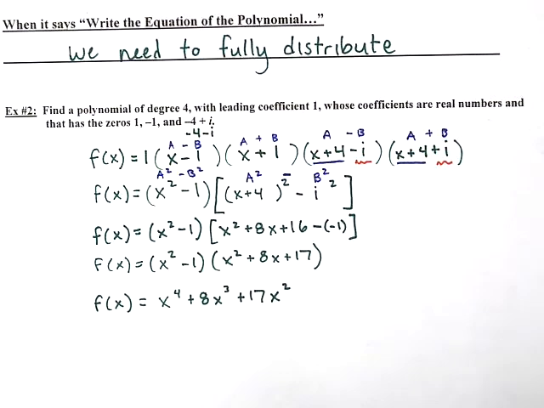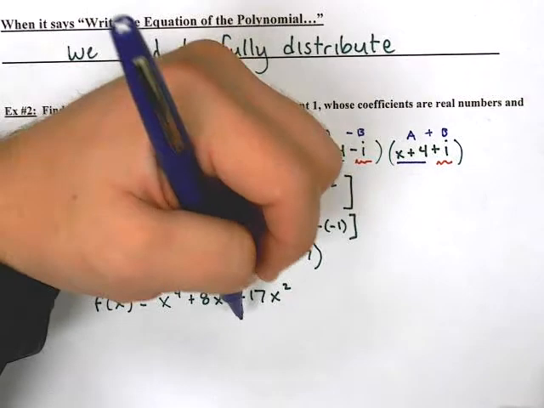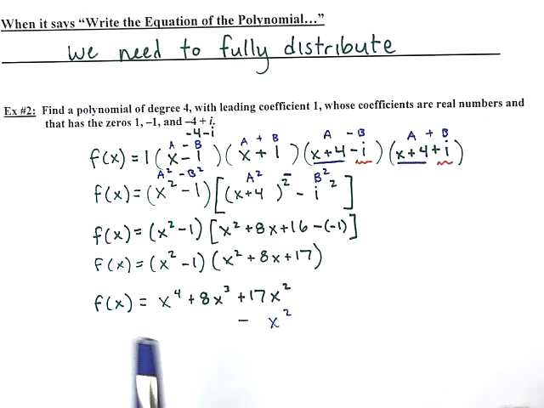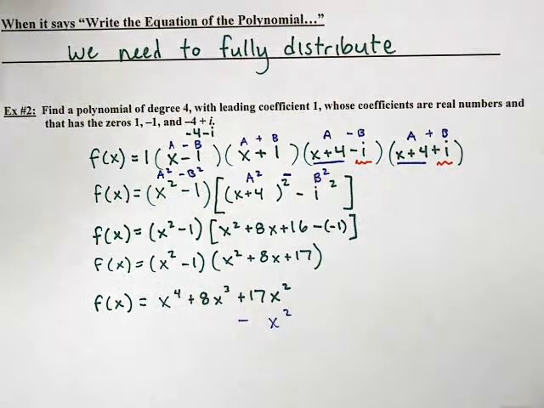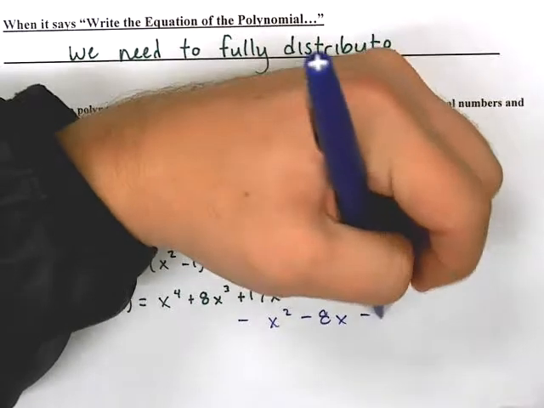Now I go back. I'm going to change colors and just show you what I'm thinking here. I'm going to do this negative 1 times x squared. I'm going to write it right underneath. I'm going to stay a little bit more organized so I can really see all of my spaces. This will be minus 8x and minus 17.